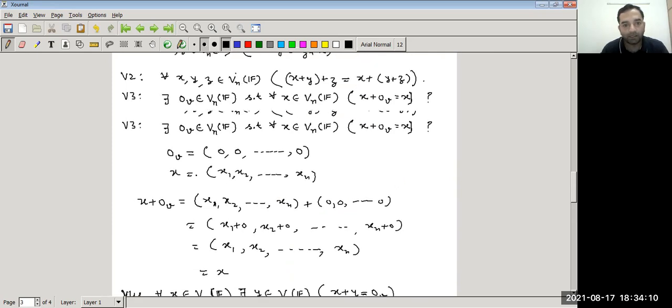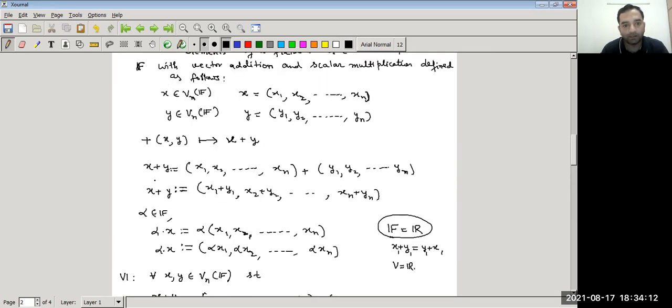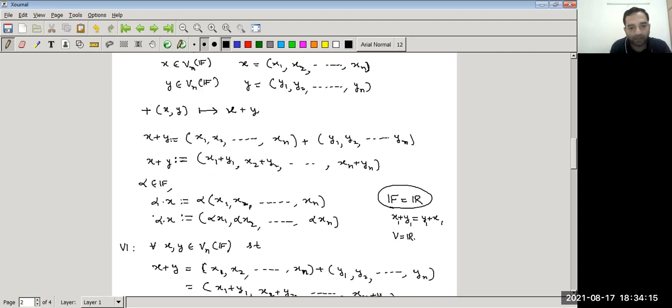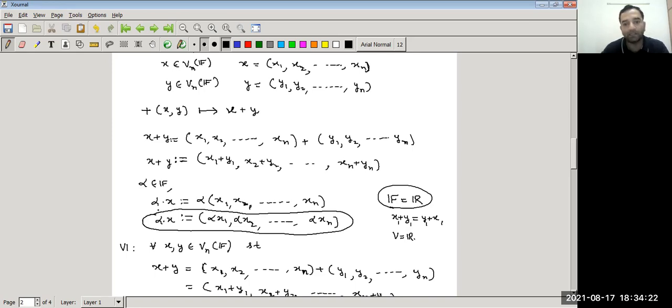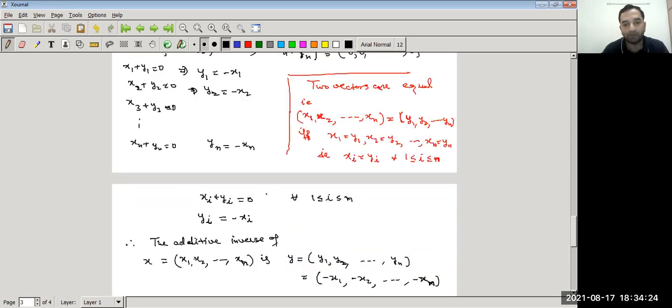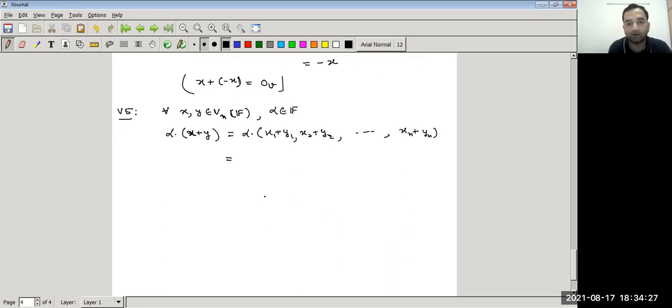We have defined alpha into x, that is alpha into x1, alpha into x2, alpha into x3, and alpha into xn. Because it is already defined, we are not defining the closure property. So this is alpha into (x1 plus y1), and similarly alpha into (xn plus yn).